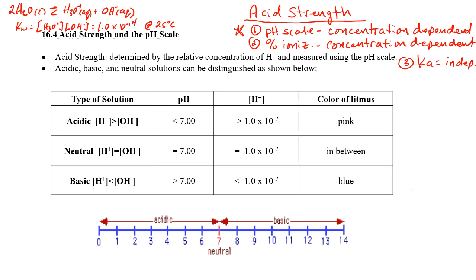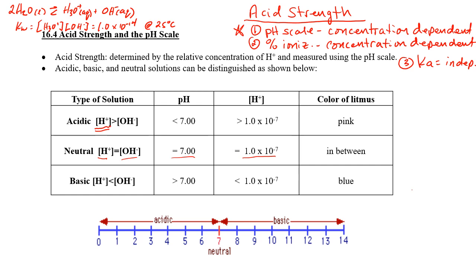So if we look at our table, an acidic solution means you've got more H+ or more hydronium than hydroxide. In pure water that is neutral, they're equal. H+ equals OH-. And a neutral solution has a pH of 7. Your H+ as well as your hydroxide in pure water is 1 times 10 to the negative 7.